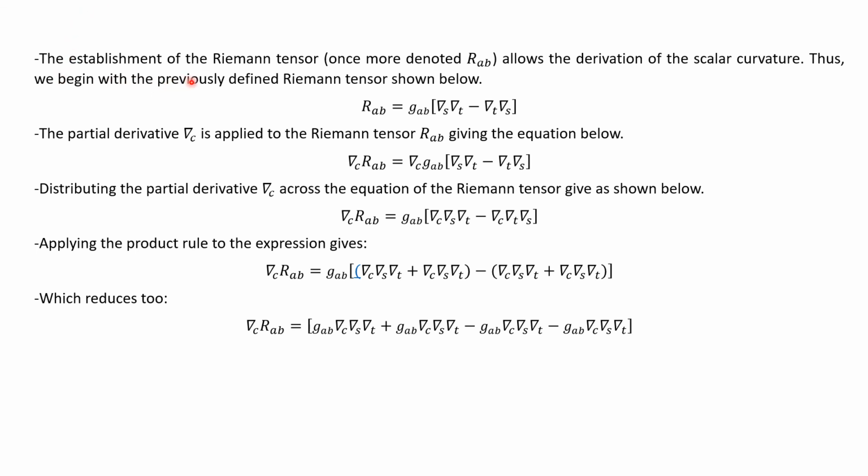The establishment of the Riemann tensor, once more denoted as we see here, allows the derivation of the scalar curvature. Thus, we begin with the previously defined Riemann tensor as shown below. The partial derivative, delta c, is applied to the Riemann tensor as we see here, giving the equation below.